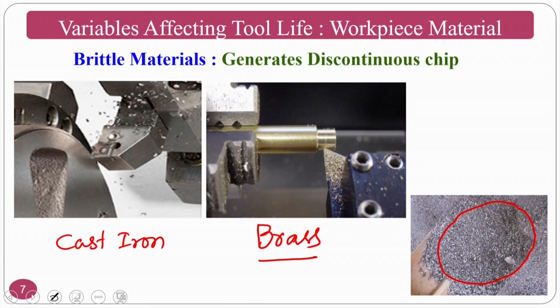Let me answer this question. Normally cast iron has a high amount of carbon, in the form of graphite. It is a confusing question whenever somebody asks about machining of cast iron.